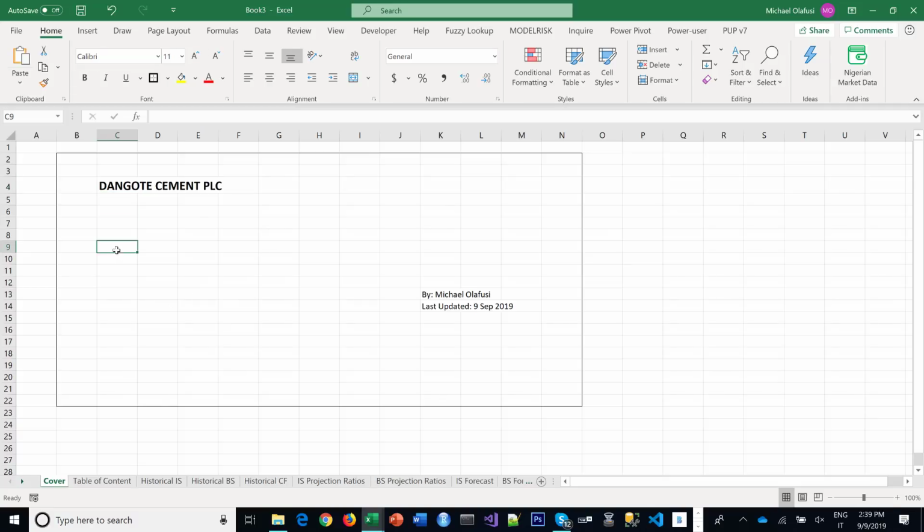Then any other information you would like to make people see directly on the cover page. Sometimes I might also want to show things about the company's financials, maybe stuff like the revenue. Might want to show the EBITDA, might want to show the net income.